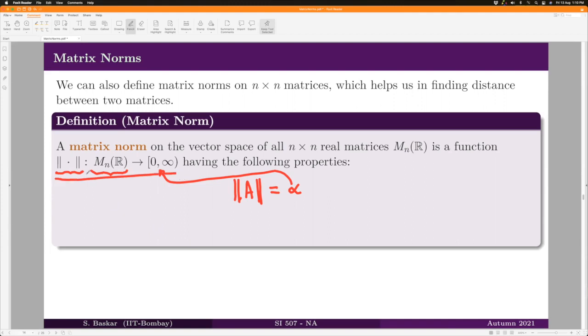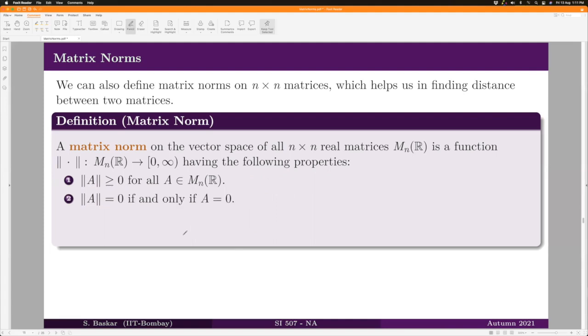And now this function, which we call as matrix norm, will satisfy some set of properties. Again, these properties are exactly the same as what we defined in the context of vector norms, by keeping the distance concept in Rn in mind. Therefore, you can see that the norm function, when applied on any matrix A, will return you a non-negative number.